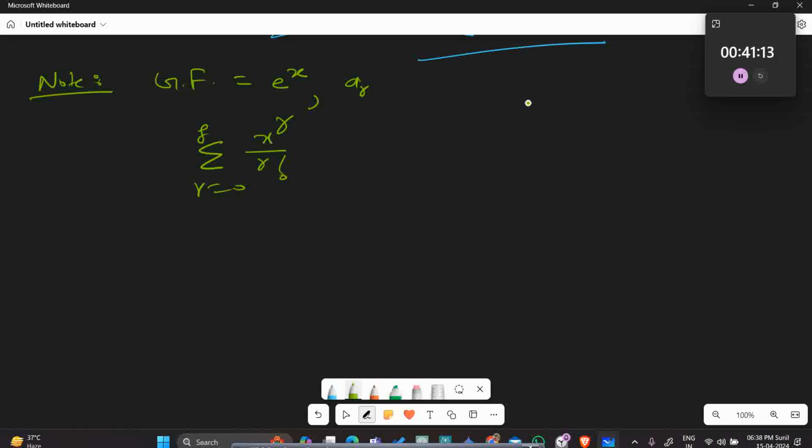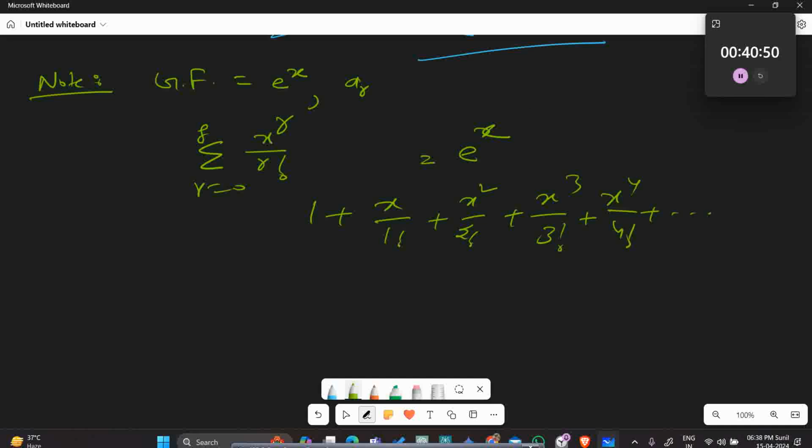It's like 1 plus x upon 1 factorial plus x square upon 2 factorial plus x cube upon 3 factorial plus x to the power 4 upon 4 factorial, and so on, which is equivalent to e to the power x.